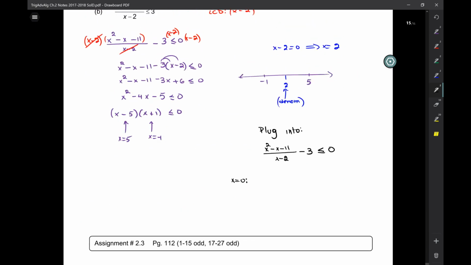All right, here, when I put 0 into the numerator, I get -11 over -2 minus 3. So we are going to have to do some math here, unfortunately. 11 over 2, that's like 5 something, minus 3, we're going to end up with positive. So if that's positive, they're going to alternate.